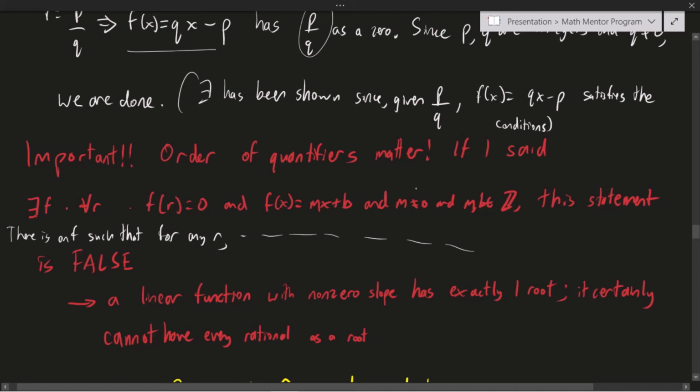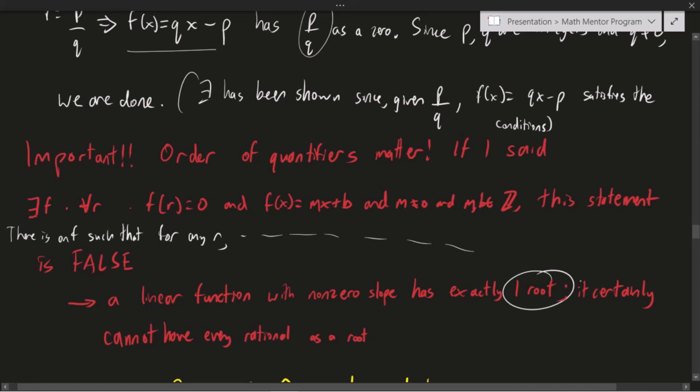That statement is false, and the reason why is because a linear function with non-zero slope has exactly one root. And so what this statement says is that I'm claiming that there exists a function that has every rational as a root, and that's clearly false because linear functions have exactly one root when the slope is non-zero.